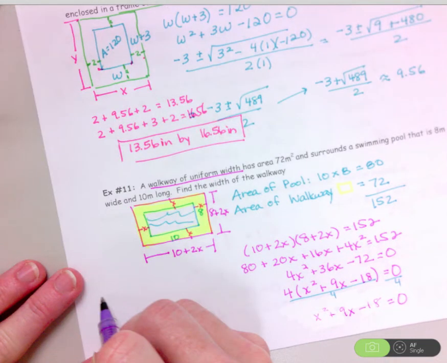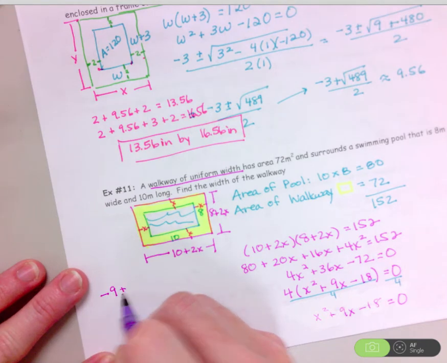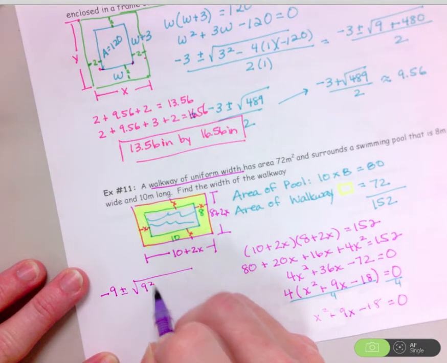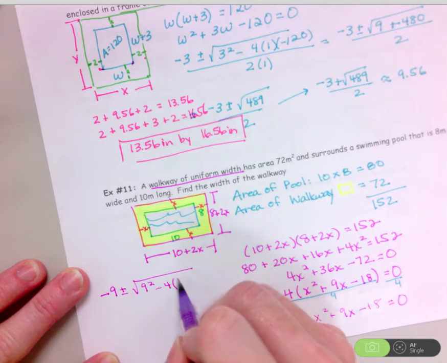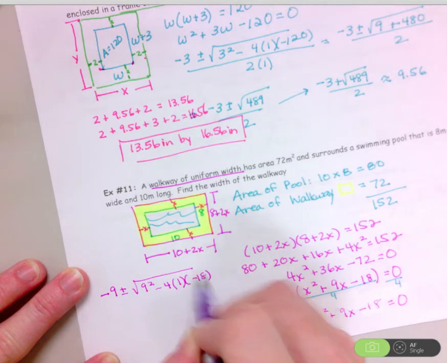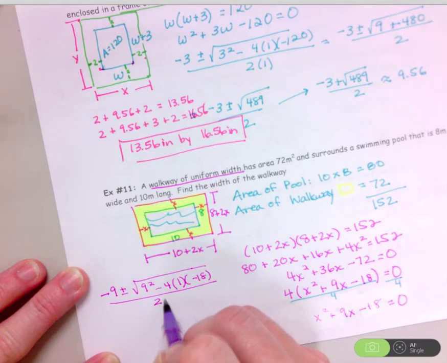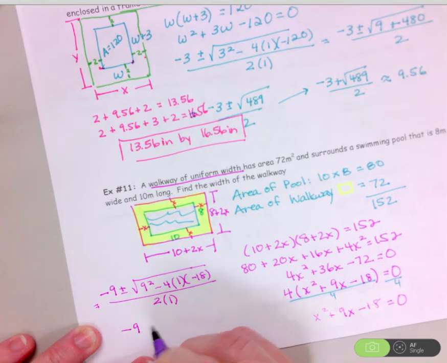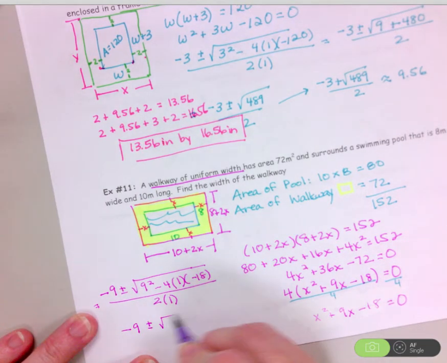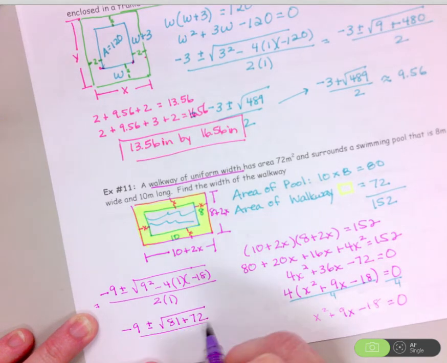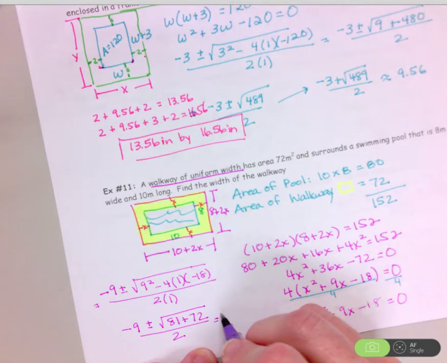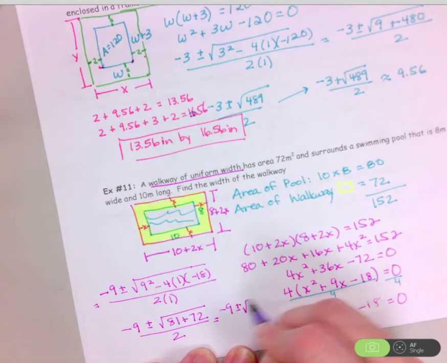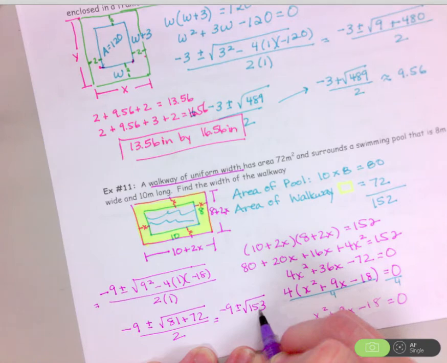So we have negative 9 plus or minus the square root of 9 squared minus 4 times 1 times negative 18, all over 2 times 1. And then what do I get here? I have negative 9 plus or minus the square root of 81 plus 72, over 2, which is negative 9 plus or minus the square root of 153 over 2.